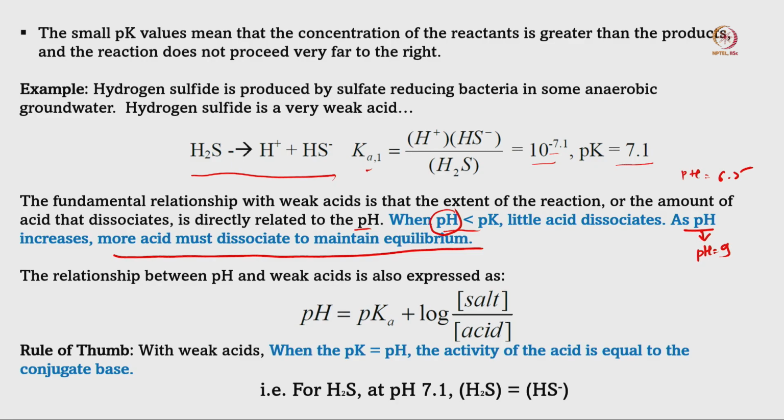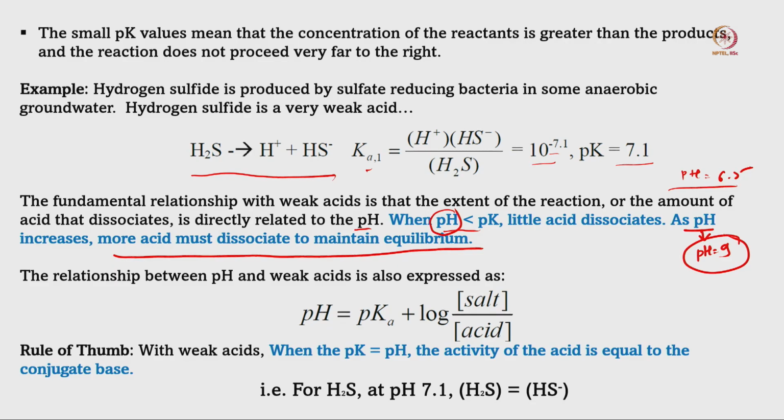You understand? If the pH is less than the pK, there will be little dissociation, but if the pH is high, then the acid needs to dissociate to maintain the equilibrium.